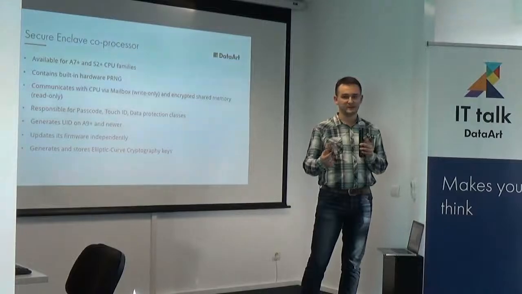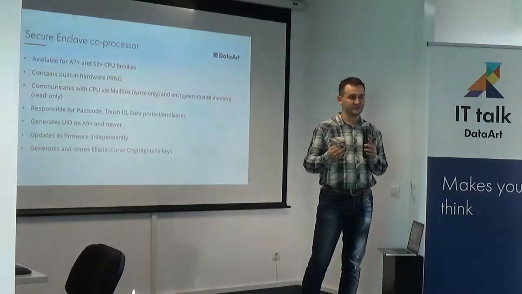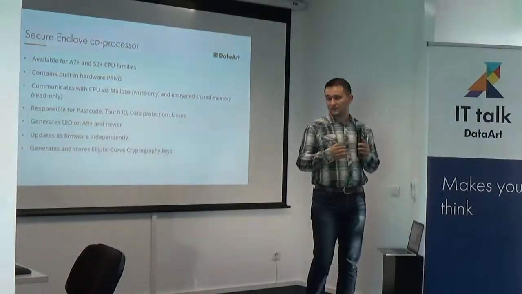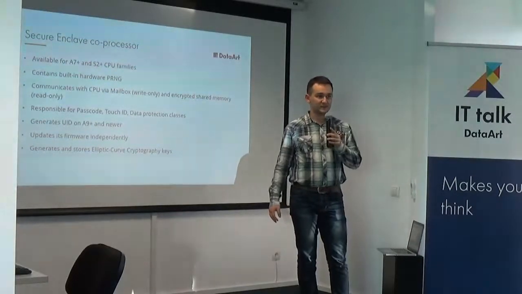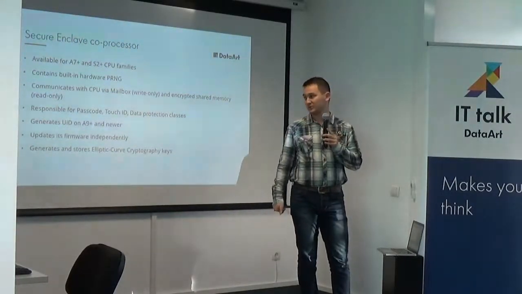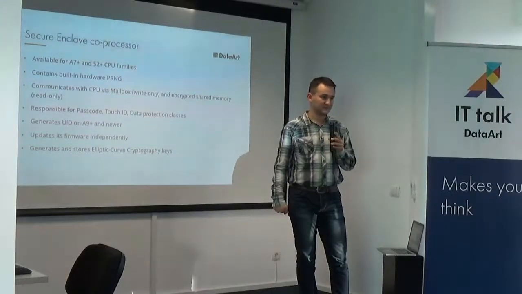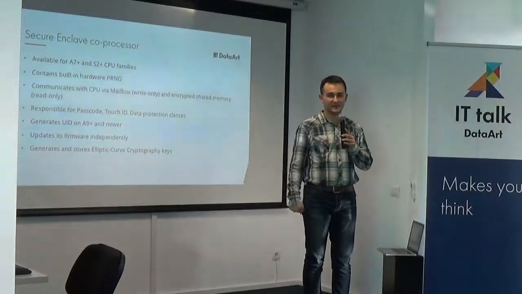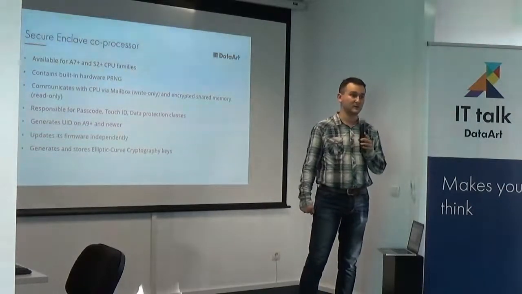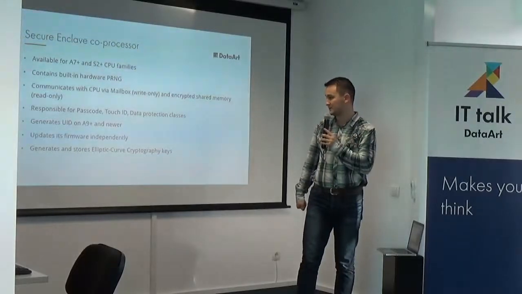So it's a central element of the iDevice protection system. For the newest devices running on the A9 processor and above, it also generates the unique ID, which may be seen and dumped during the bootloading process on jailbroken devices.